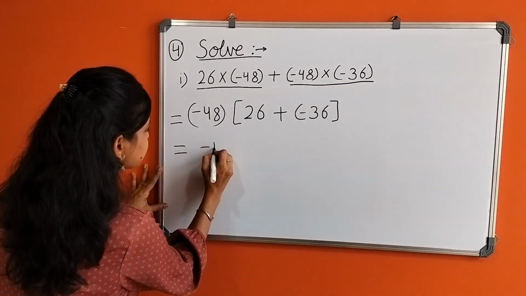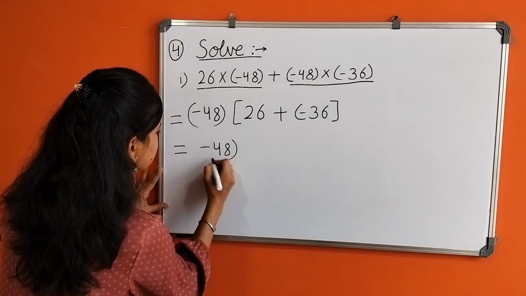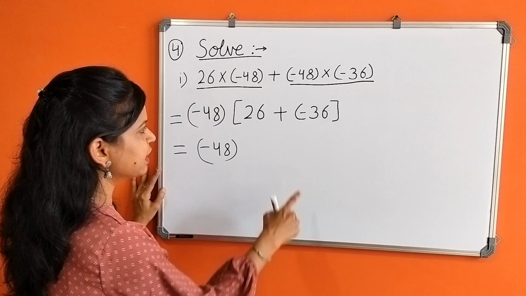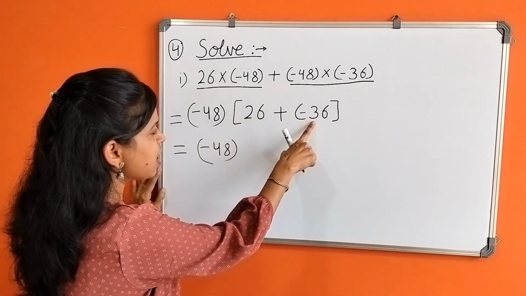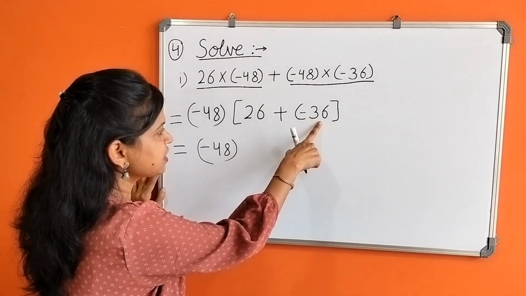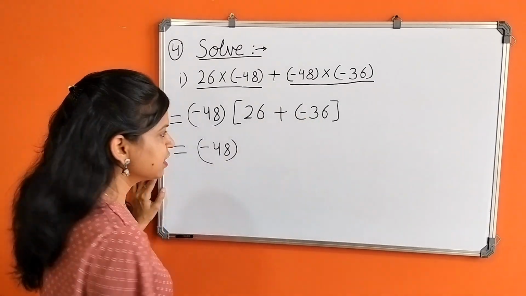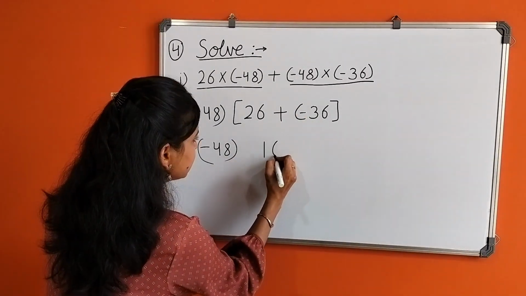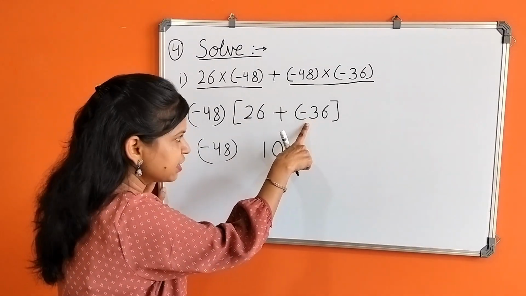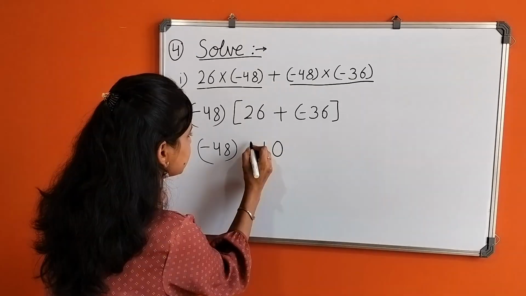Now minus 48 is as it is. 26 and minus 36 we are adding. So both are in different signs. So we will subtract. 36 minus 26 is 10. 36 is bigger than this. 36 is negative. So 10 will be negative.